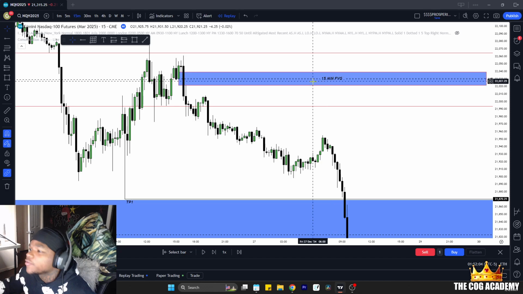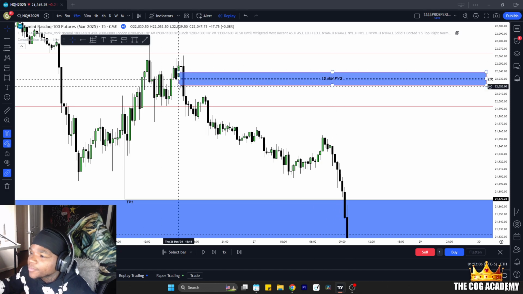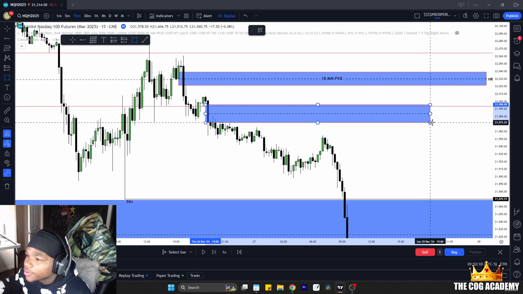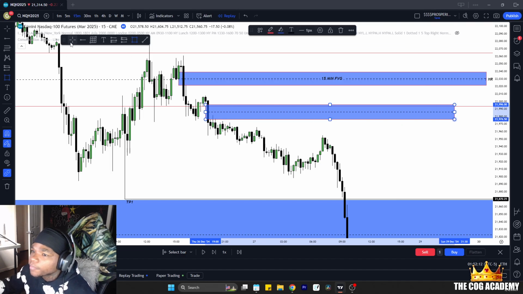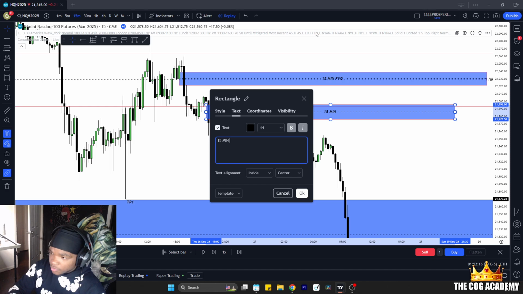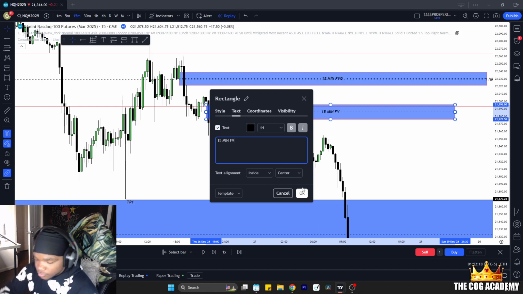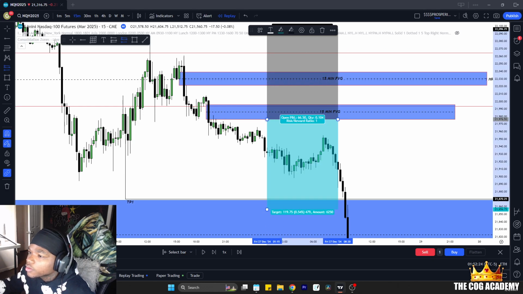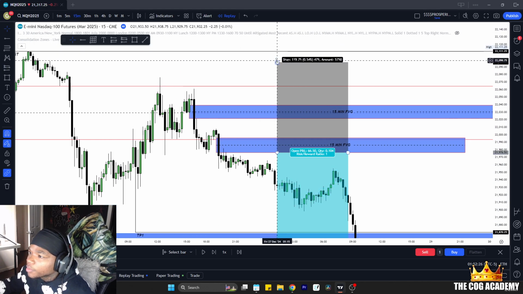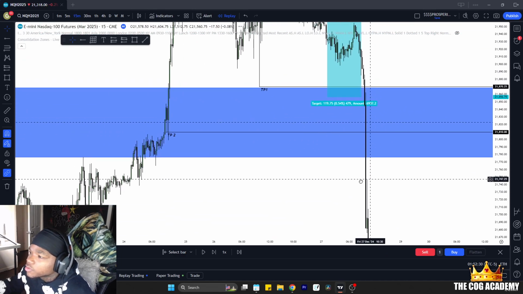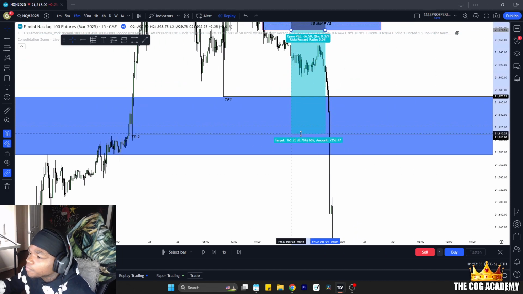But so right here, I missed this 15-minute fair value gap right here. This one right here, and then bam. Mark it off, 15-minute fair value gap. And then I could have put my entry here and put my stop above this high, and then targeted TP1 and TP2 that got smacked out just like that.